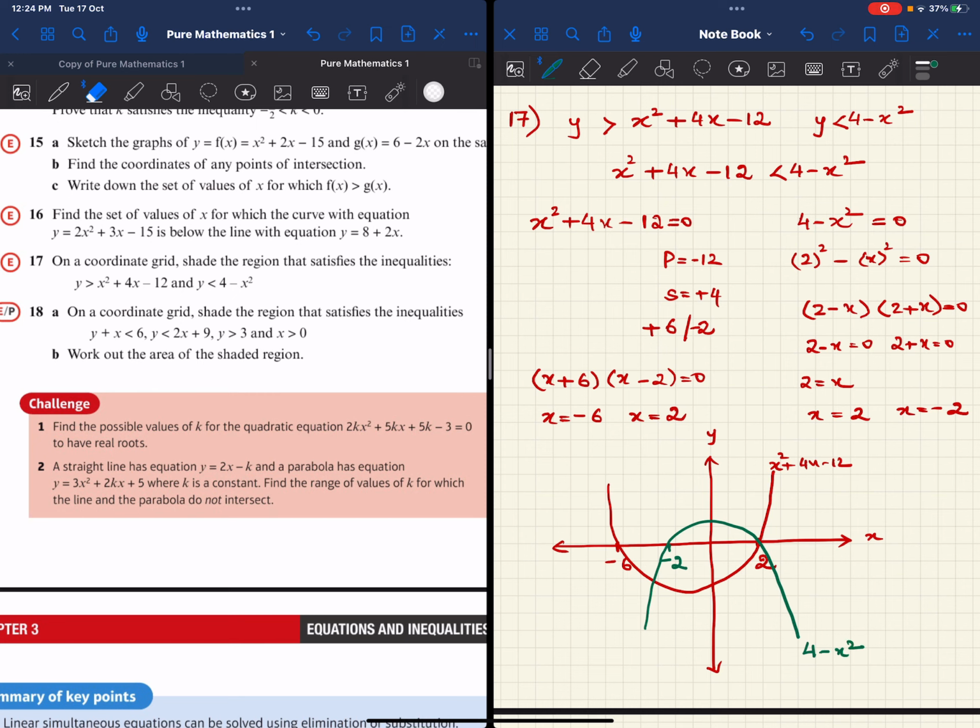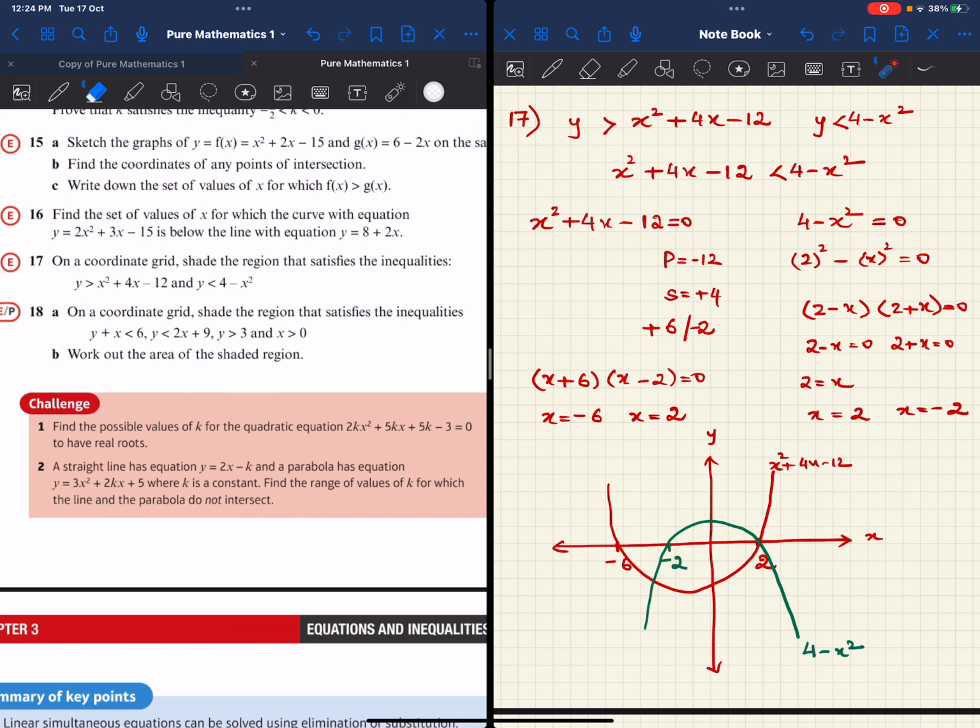Now, going back to the question, we want the graph of 4 minus x squared, my green graph, to have greater y values as compared to my red graph. If we observe here, for this part of the green graph, all the y values are greater as compared to this part of the red graph.